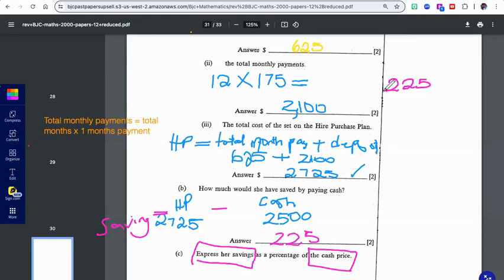So express her savings as a percent of the cash price. What was the cash price? $2,500.